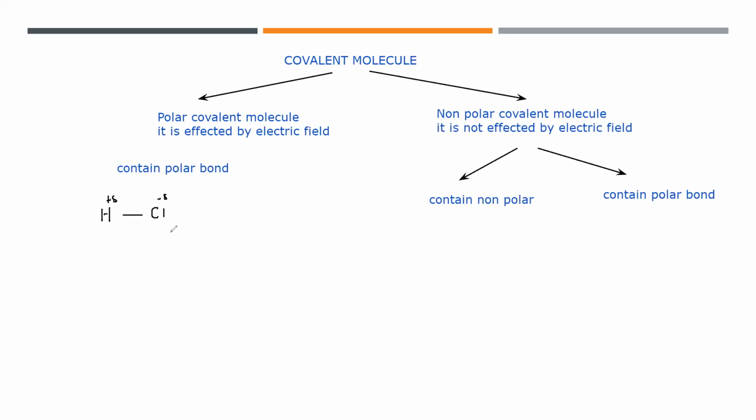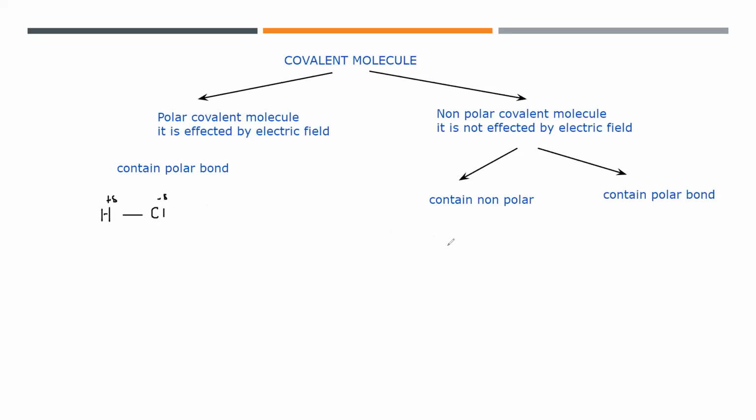So this molecule will be polar, and the bonds are polar. Why are the bonds polar? Because the bonds are formed between two atoms which have a difference in electronegativity. And what about the molecule? The molecule is also polar because overall they are not cancelling out the effect of each other.